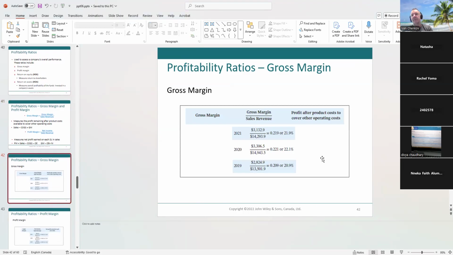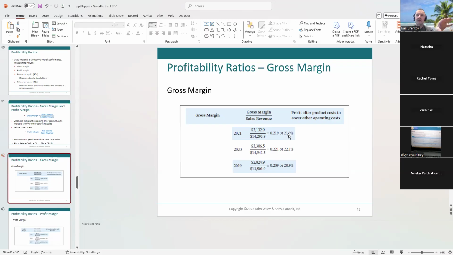Let's see how this company performed. First, gross margin. For every dollar of sales, 21 cents, 22 cents almost, stay with them. What happened with the rest? 78%. That's how much the inventory that they're selling cost them.